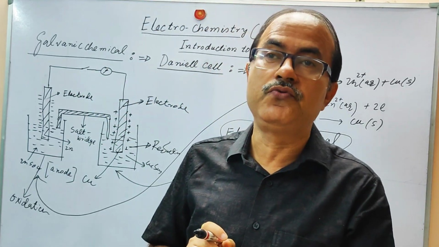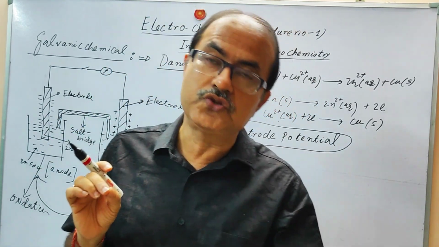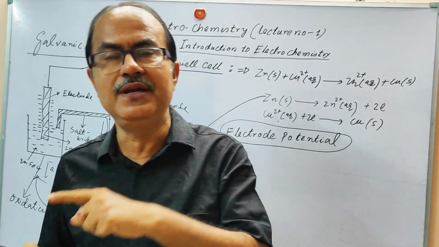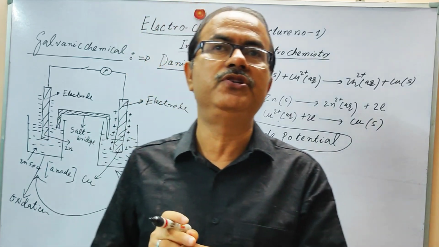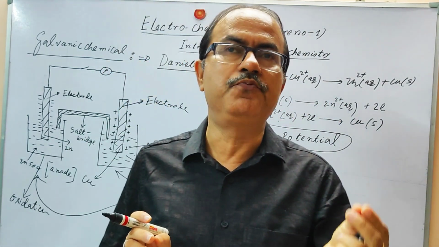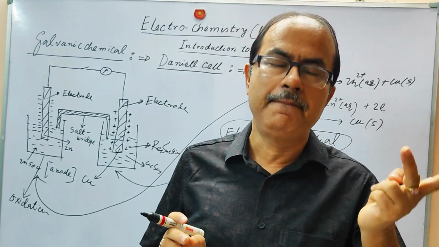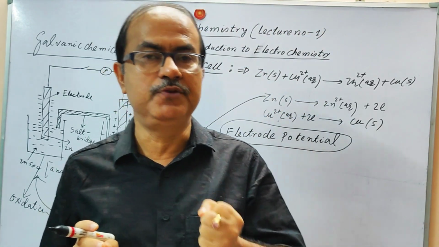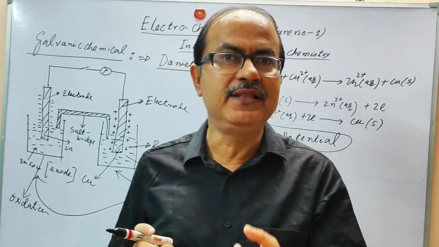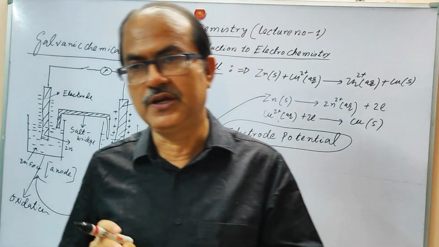In some cases the metal atom wants to go into the solution as a metal ion. At that time it leaves electrons behind and becomes negatively charged. In the other case, the metal ion wants to be deposited on the electrode surface, and it becomes positively charged, because it takes electrons from the metal, and by taking the electrons it is reduced and deposited on the electrode surface.